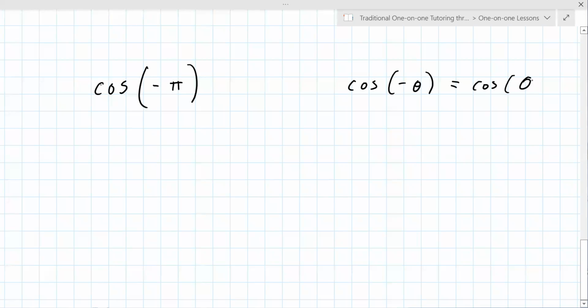Let's say I asked you for the cosine of minus pi. If you have your reference sheet, you will see that the cosine of minus theta is equal to cosine of theta. So this is really the cosine of pi. If you've got your unit circle up, you can just go right to pi.